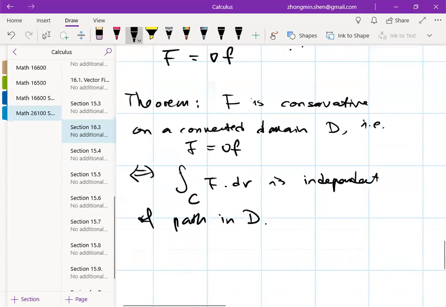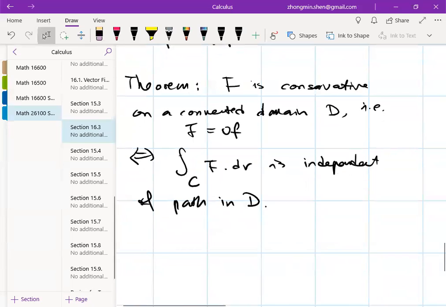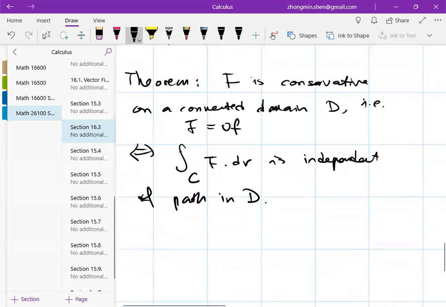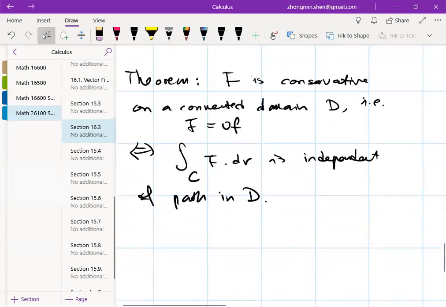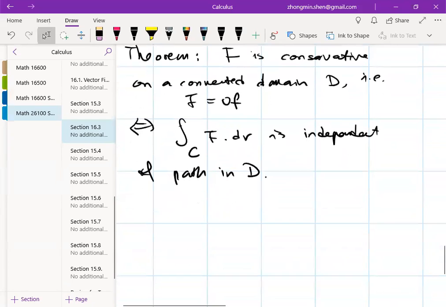Now we already proved that if it's conservative, then for any path in D, this line integral depends only on the two endpoints. The converse is just trying to construct such f, and that's easy to prove. I just prove from here to here, right?